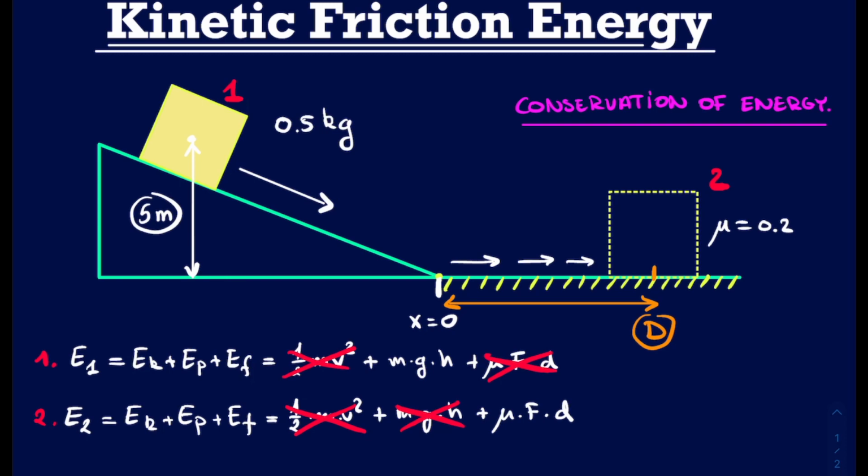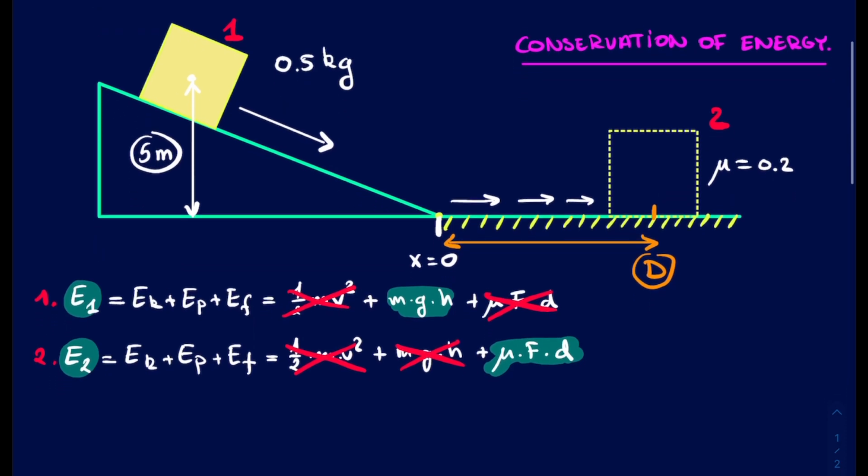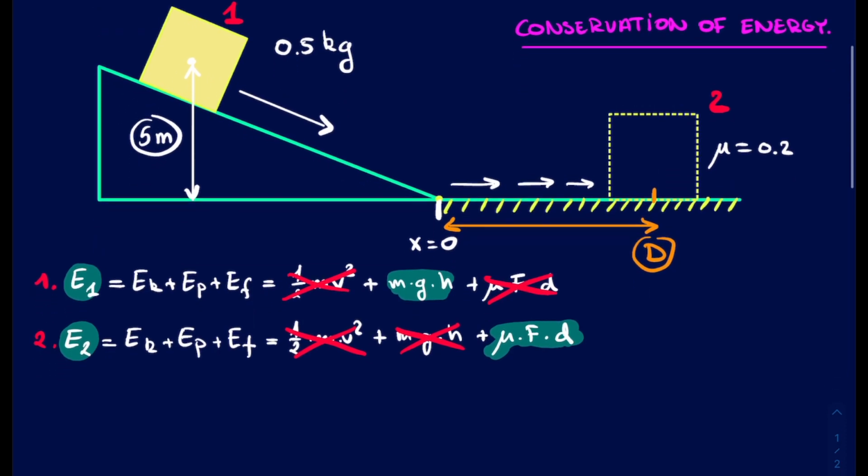And now comes the beautiful part. Because we have conservation of energy, we know that the total energy at the start cannot be lost, so it has to be equal to the total energy at the end. Which means that the potential energy at the start has to be equal to the frictional energy that the object gave away to the surface when it comes to a halt. And this gives us a very nice equation that we can solve.